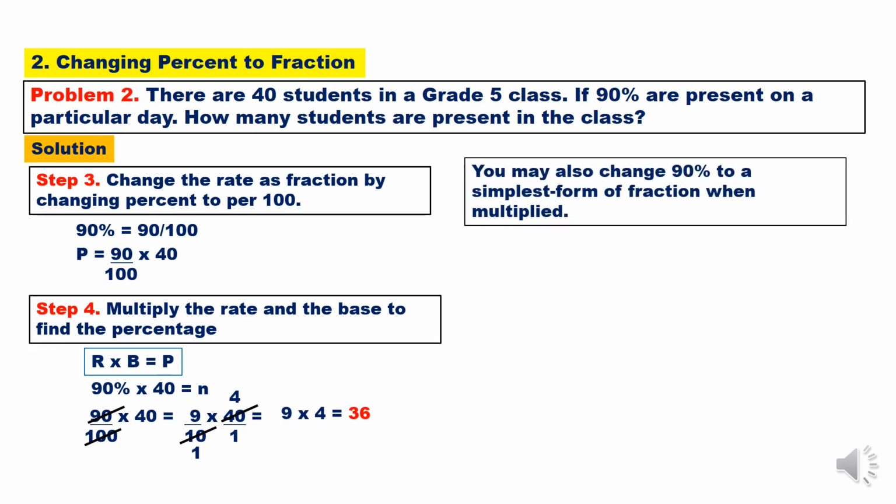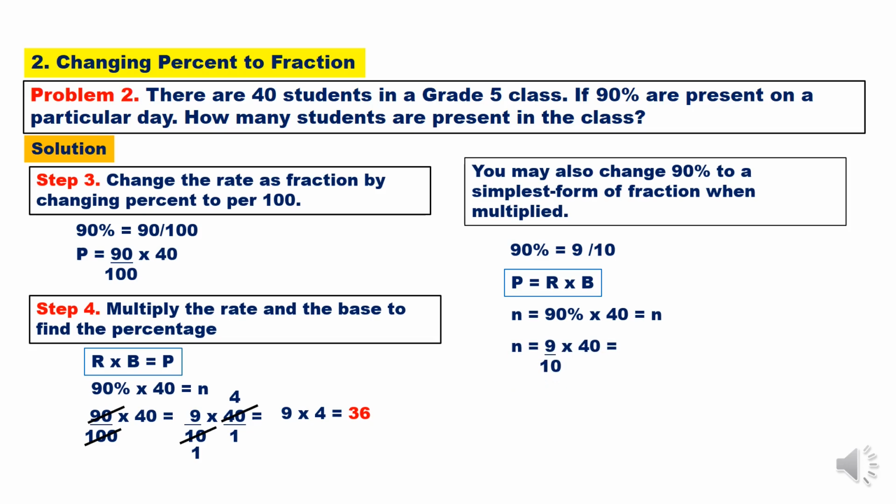You may also change 90% to the simplest form of the fraction when multiplying. 90% equals 9/10. P equals R times B. N equals 90% of 40. N equals 9/10 times 40.